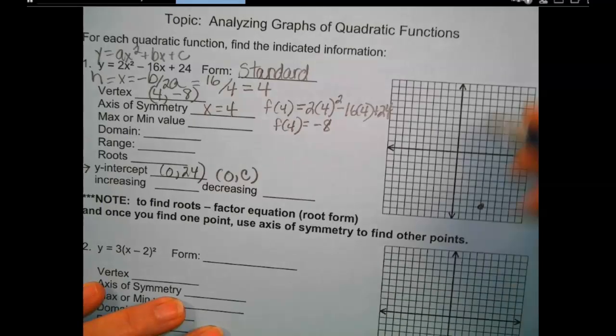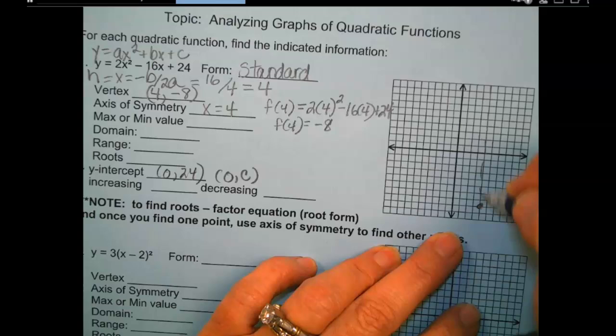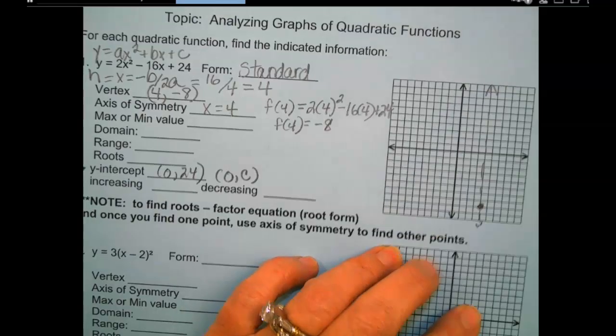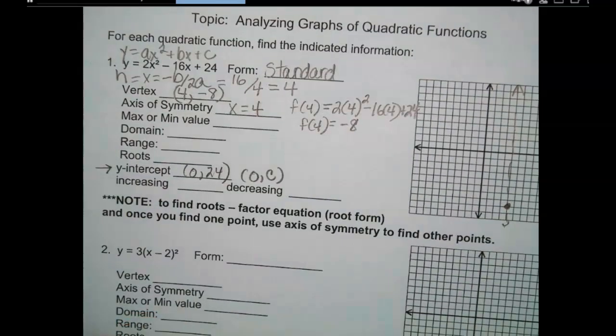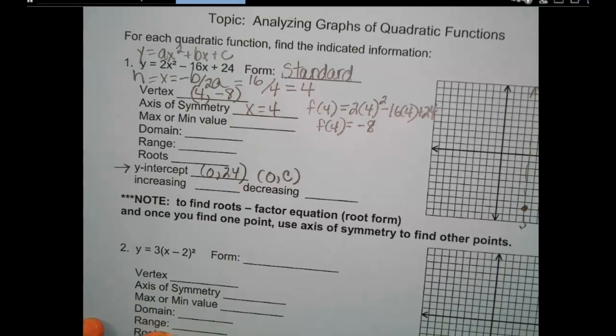The axis of symmetry divides the parabola in 2. So let's go ahead and dot that in. So the next thing that I know is I need the max or min.